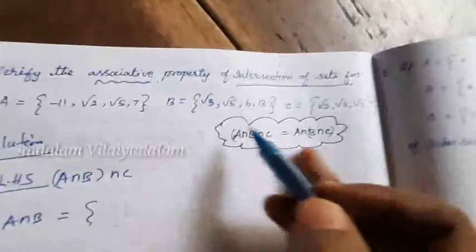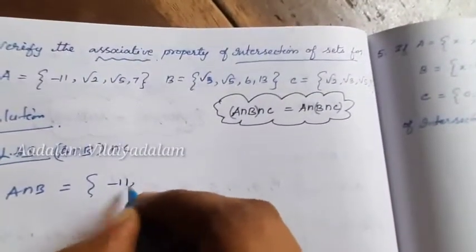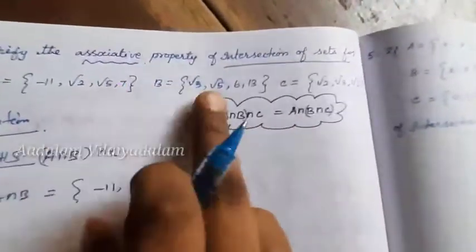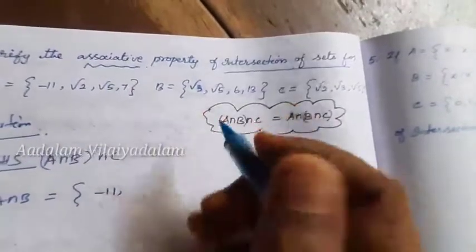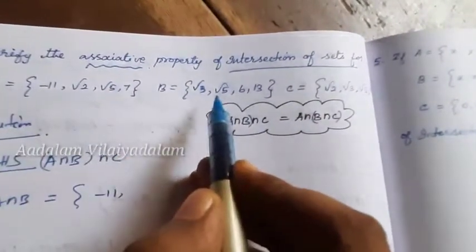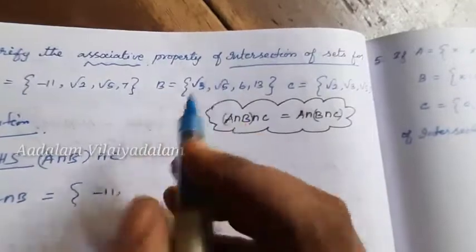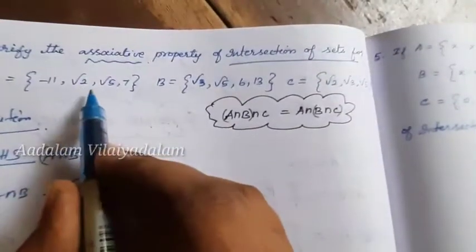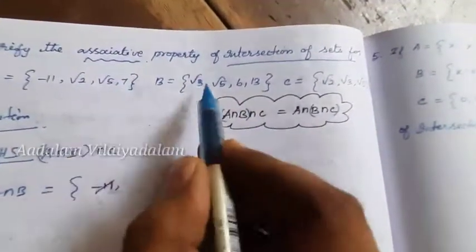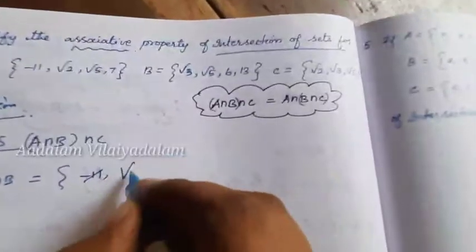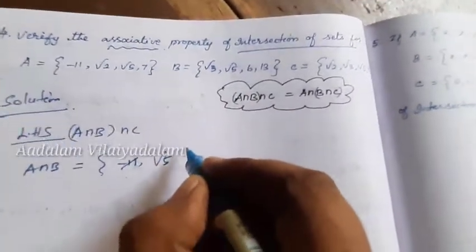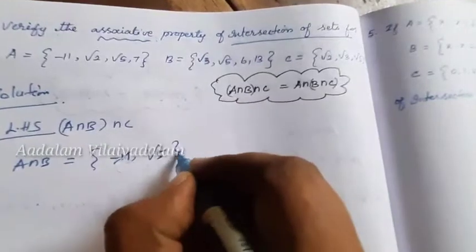So what is A, minus 11, A intersection B? Is there any common element? Minus 11, there is no common element. 2, there is no. For the 3, there is no. Only root 5 is common. Other elements are not common.